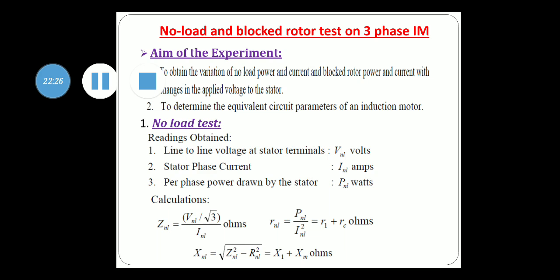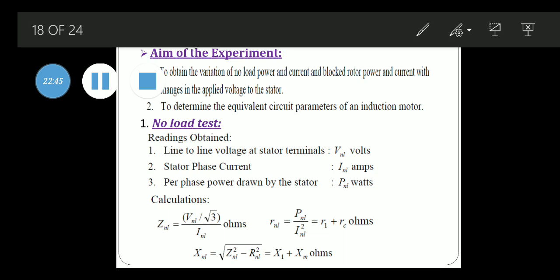So before going to this experiment, you must be familiar with the equivalent circuit of the induction motor. That was studied in the last video. You know what the parameters of the equivalent circuit of an induction motor are. So first let me consider the no load test. In case of no load test, what readings are to be obtained here?